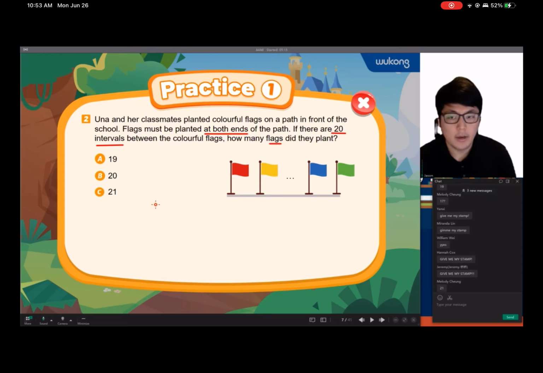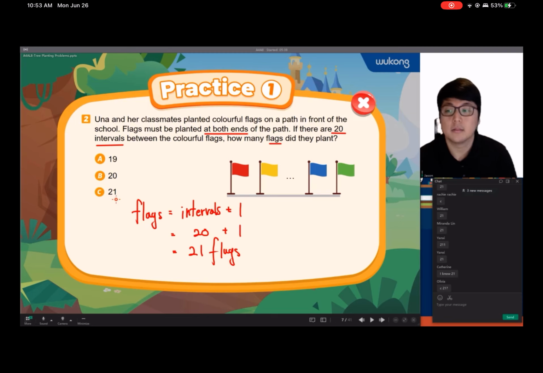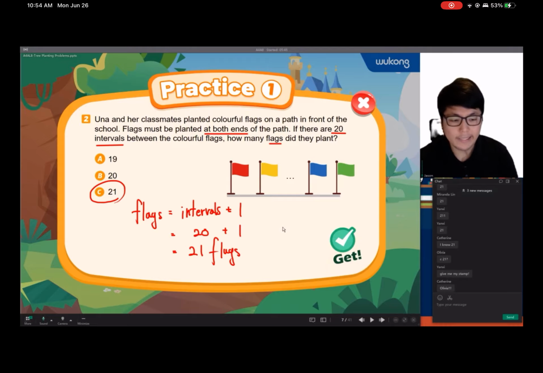Well, if you think about it, at both ends means flags equals intervals plus 1, which is basically 20 plus 1, which is 21 flags. So, yep, it's going to be C again. So, what do you say? Give me my stamp. Okay.